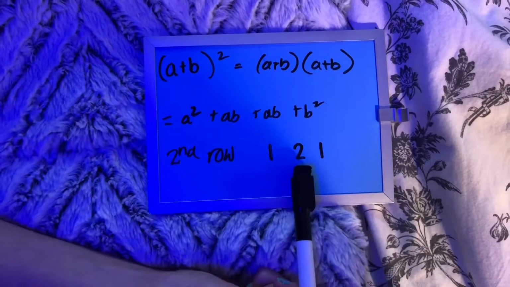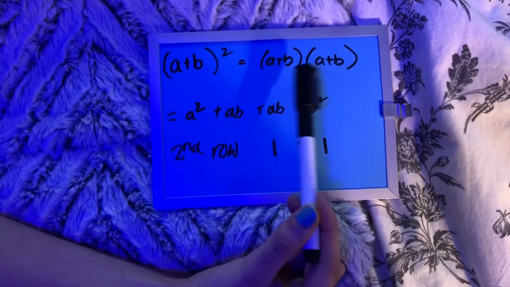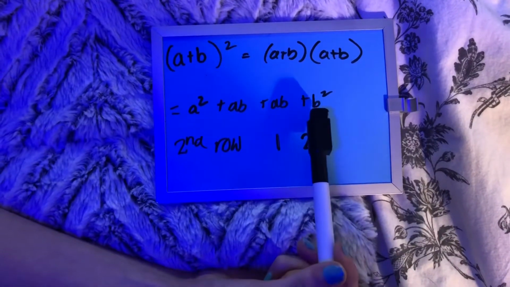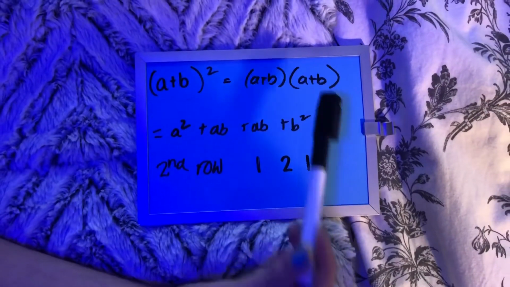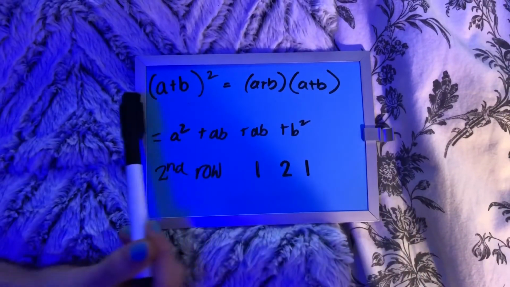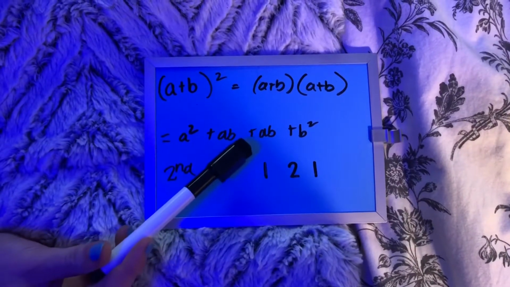And then there's two ways to get to ab, because you can do this a times this b, or this b times this a. And then there's only one way to get to b squared, because you have to do this b times this b. So therefore our answer to (a plus b) to the second power would be a squared plus 2ab plus b squared.